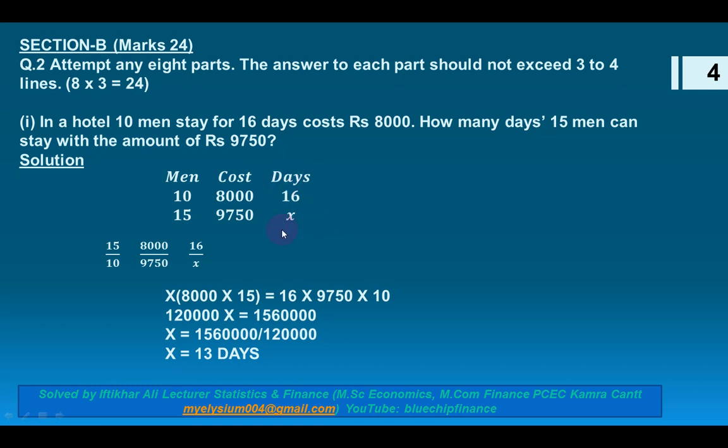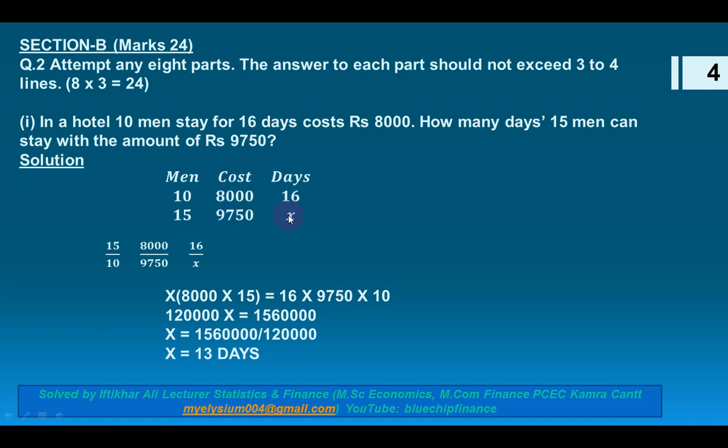So second step is to analyze the proportion with the missing variable, either directly proportional or inversely proportional. For example, if there are more men, what is the relation with days?